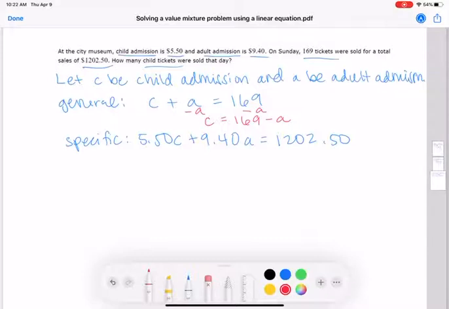It was just there. You could have solved for A. It would have been just fine. So you just solve for one of them, and then you plug that in. In the specific, where I see that C right here, I'm going to plug in 169 minus A instead.